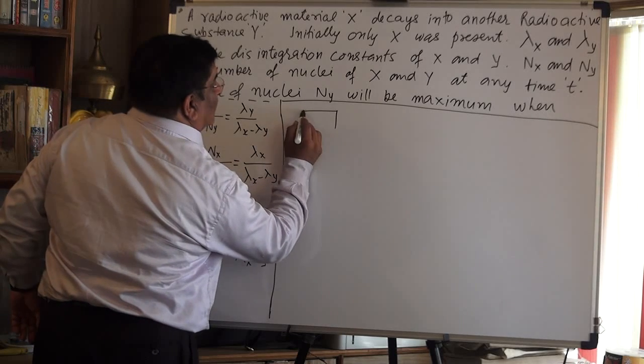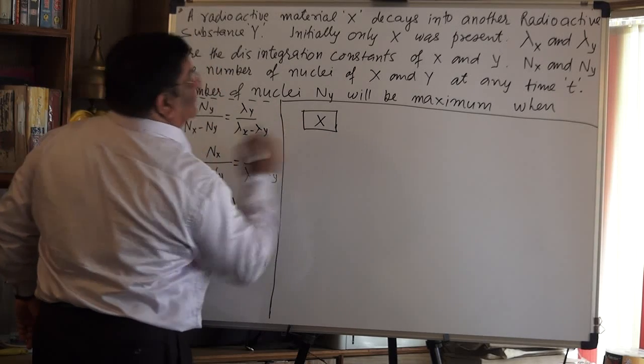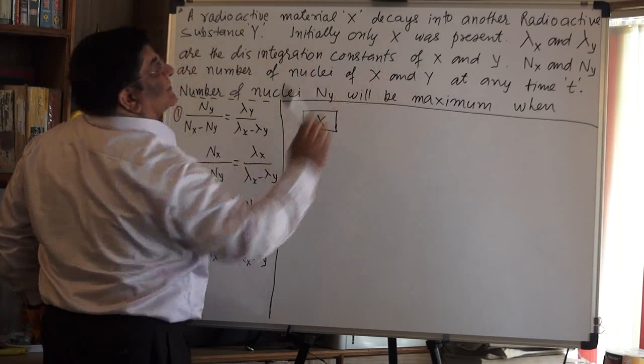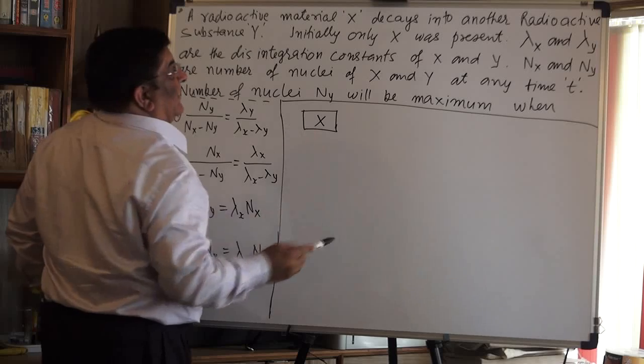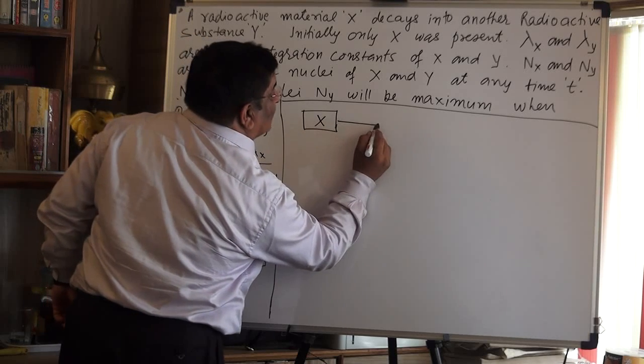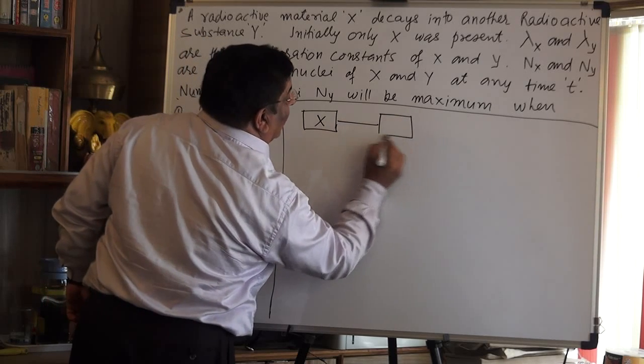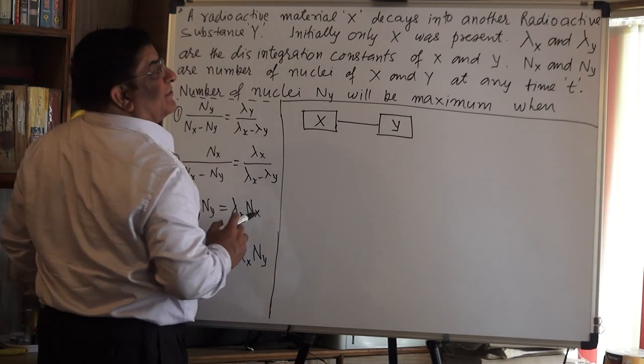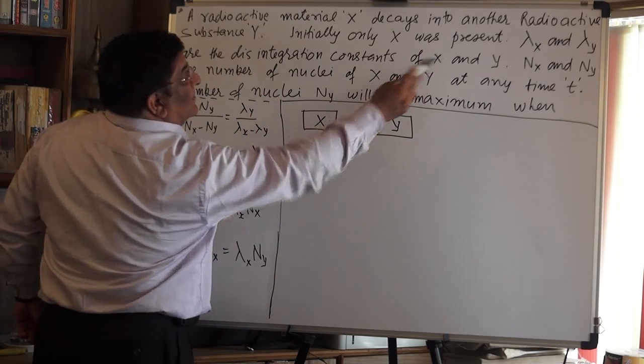A radioactive material is X. Initially only X was present, there was no Y. Then this disintegrates and becomes Y. So X is the parent nuclei, Y is the daughter nuclei.